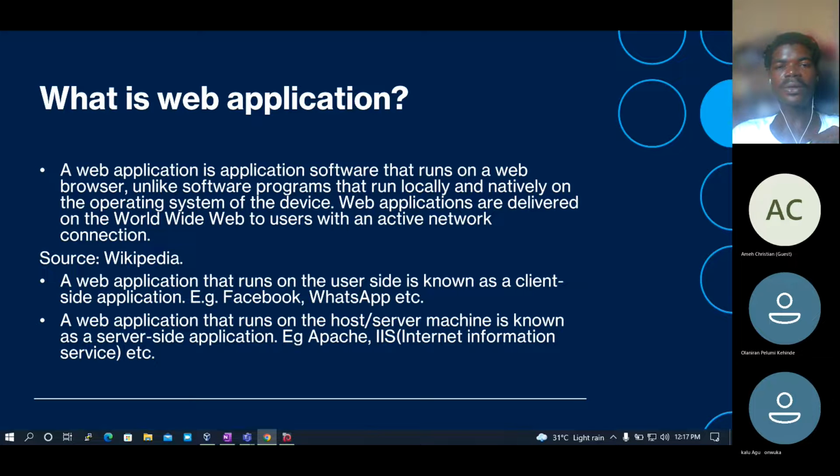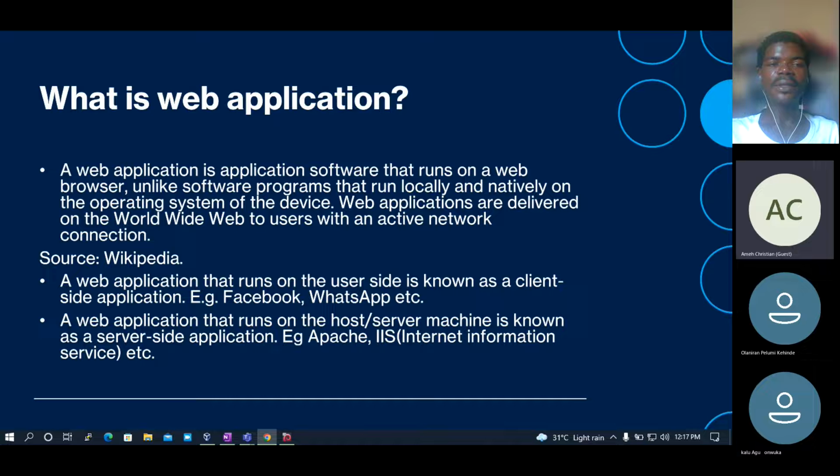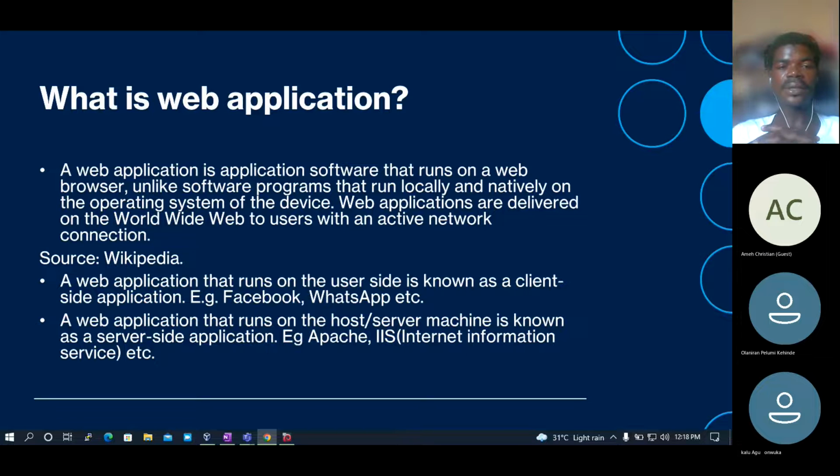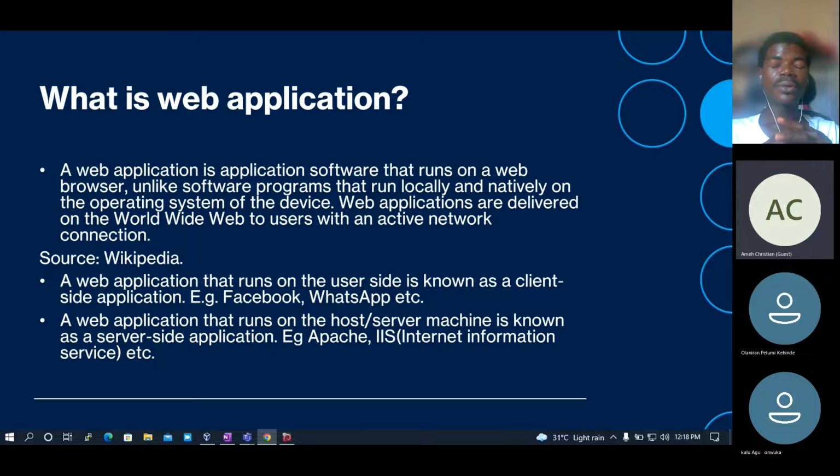So a web application also is a code. If you are familiar with programming, you know that web application, particularly if we're talking about mobile application, runs on Java. The code that is used to put all those things together is known as Java, the programming language rather.